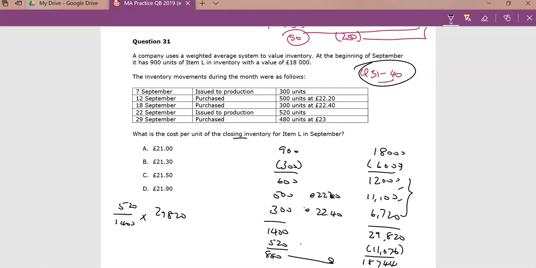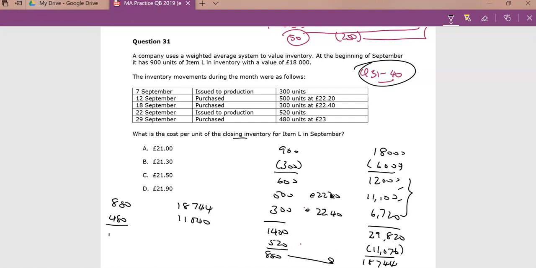Then what we now have is, I'm just going to get rid of this so I have some space. I was going to go to another page, but I think I can do all of this on this page. So it says you then go and buy in another 480 items. So you have 880 items at 18,744. You buy in another 480 items for 11,040.